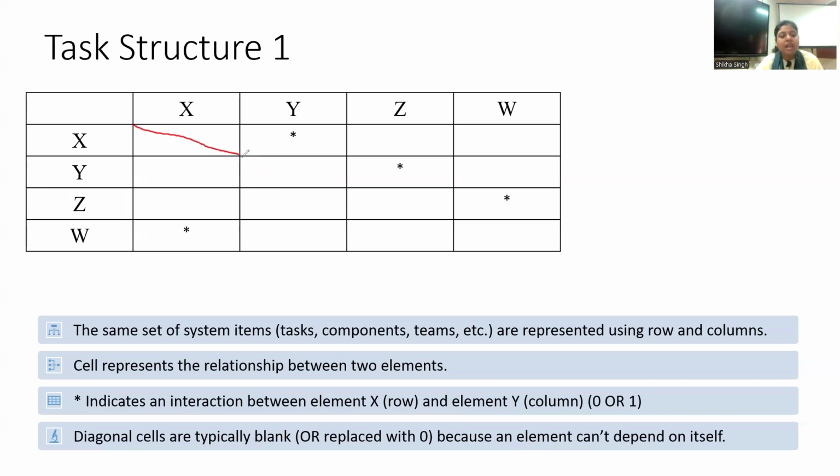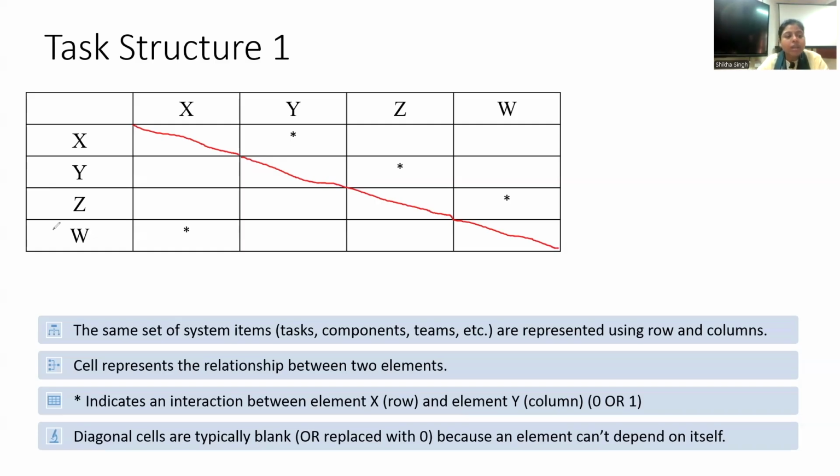X cannot be taking any information from X. So the diagonal will be blank, or when you process the matrix, you can replace this diagonal with zero values, right?